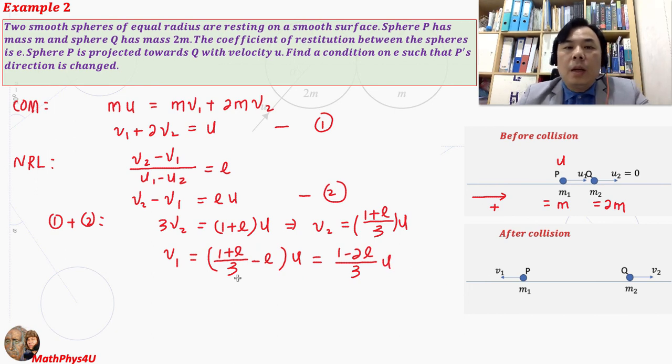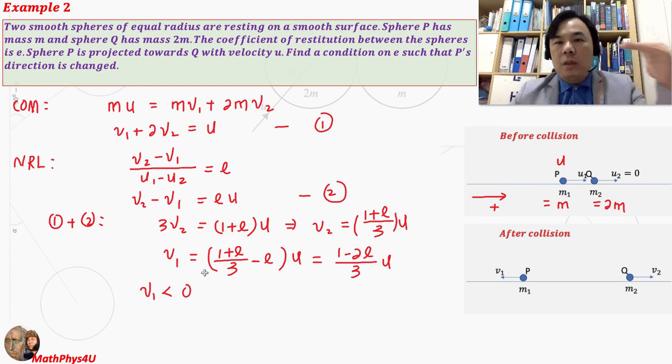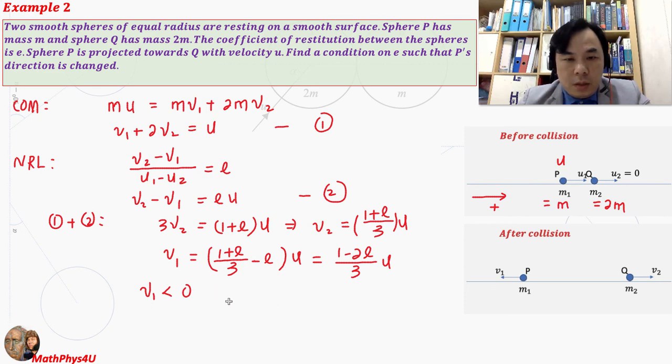Yep, okay. And then from our simulation just now, we know that P changes direction. Changing direction means v1 must be less than 0, because we assume this direction is positive, so that direction must be negative there. Because it's less than 0, that simply means (1 minus 2e) over 3, u must be less than 0.